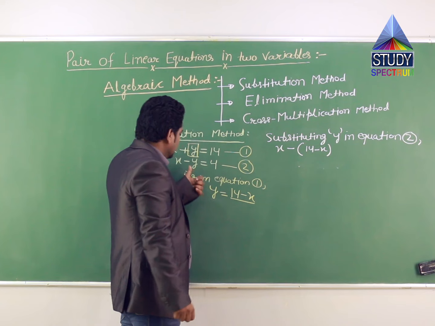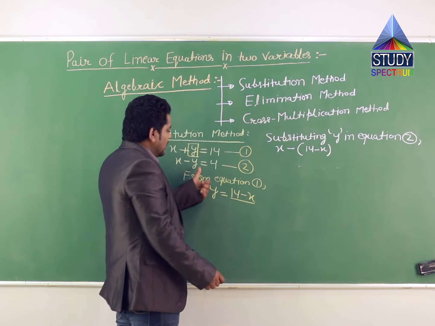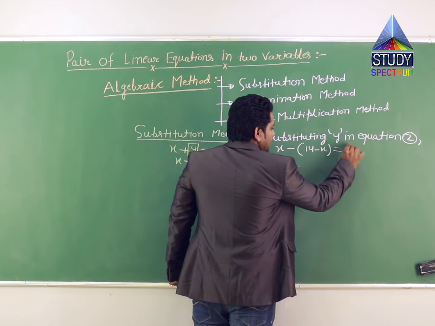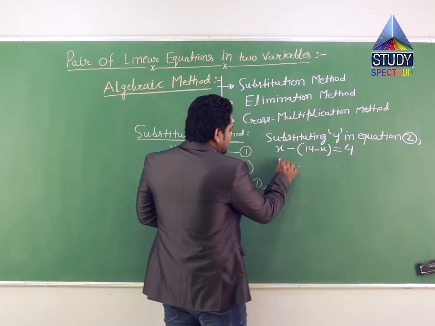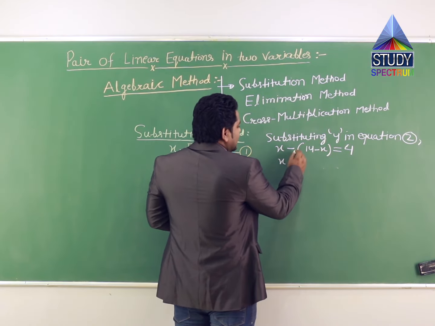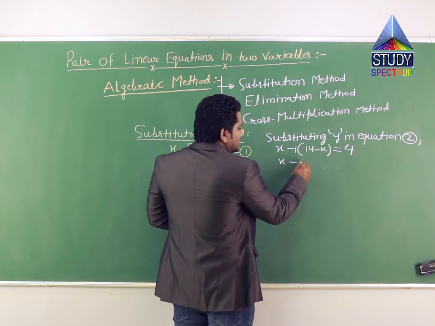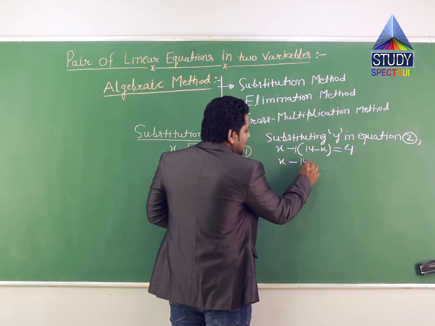So now start. x minus, in the place of y we have substituted 14 minus x, and it is equal to 4. Now open this bracket. So x minus, it is actually 1 here. Minus 1 into 14 is minus 14.